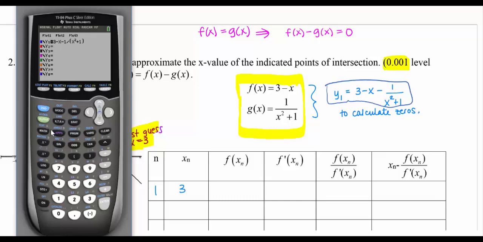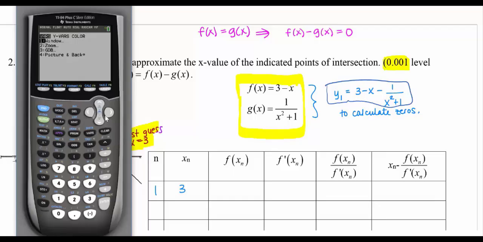Okay, so now if I don't want to calculate an algebraic derivative, I can let my calculator calculate a numeric derivative. If you go math, you have a numerical derivative, math choice 8. And you're going to say, I want to take the derivative with respect to x of y1.